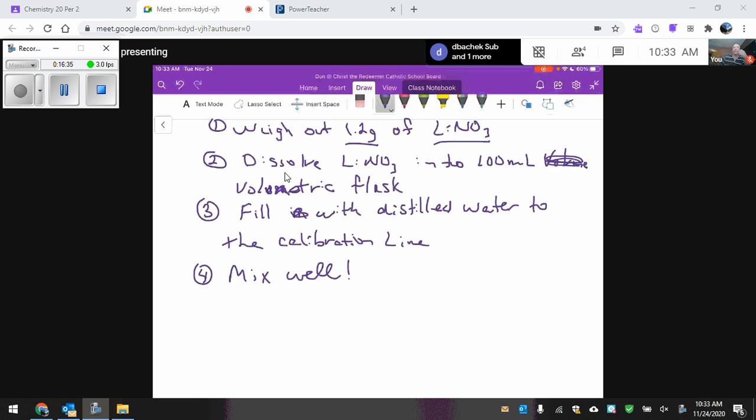We'll have to make sure we get all the solid into that flask. To do that, we usually try to dissolve some of it and make it a solution while it's going into the flask. Then we'll fill up the rest with some distilled water. Again, I'll show you that tomorrow. So if you're not quite sure what I'm saying there, we'll address that tomorrow if that's okay. Okay, that's kind of what we're looking at.